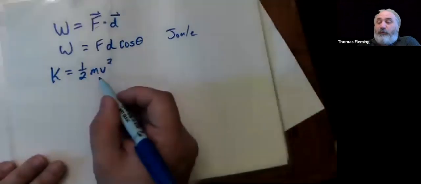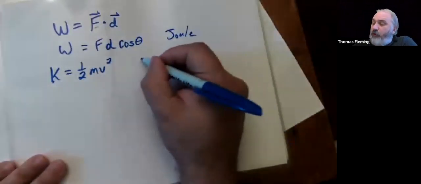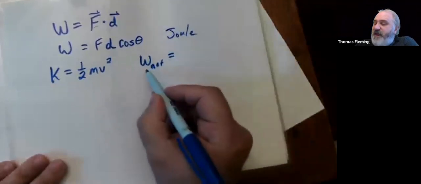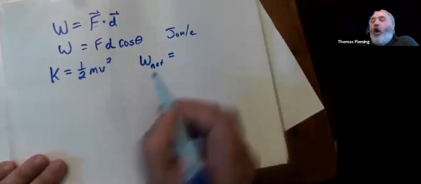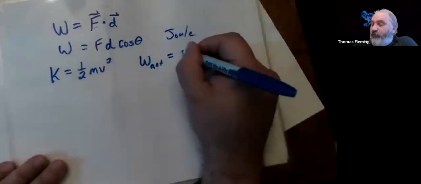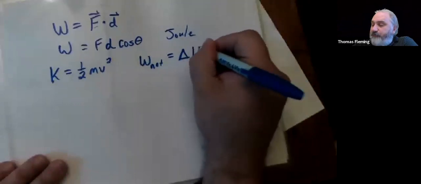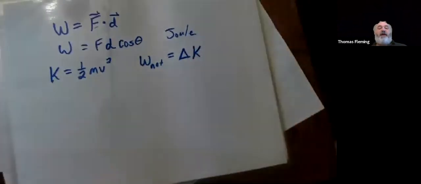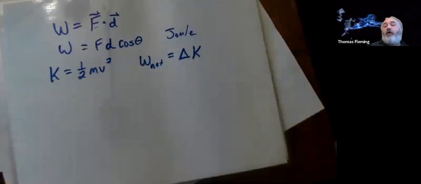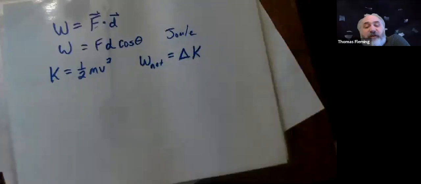And kinetic energy was related to work because according to the work-energy theorem, if you looked at the net work being done by all the forces that are acting on an object, that net work will add up to the amount by which that object's kinetic energy has changed. So if you do positive work on an object, that should cause its kinetic energy to go up. It should go faster. If you do negative work on an object, that should cause the object to slow down because you'll be reducing its kinetic energy.